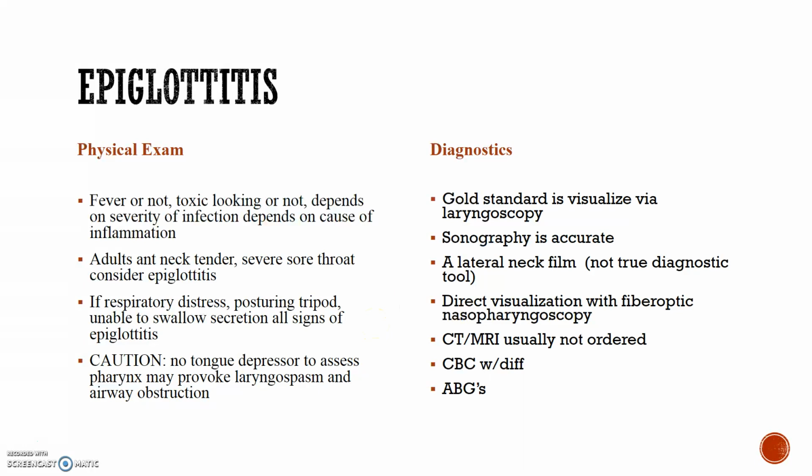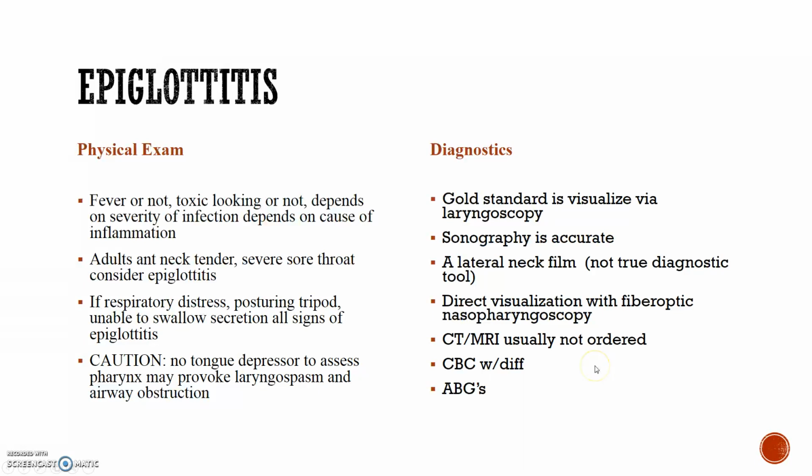The gold standard diagnostically is to visualize with a laryngoscope. Sonography is accurate, but not seen as often as the direct laryngoscope, especially the fiber optic nasopharyngeal scopes. A lateral neck film is kind of old school.